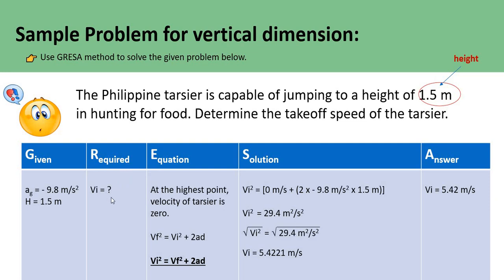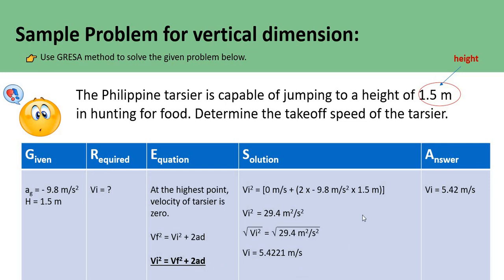The required, or what is being asked in the problem, is the initial velocity, or Vi. It is also important to take note that at the highest point, the velocity of the tarsier is 0. For the equation, initial velocity squared is equal to final velocity squared, or Vf squared, plus 2 times a, or acceleration, times d, or distance.